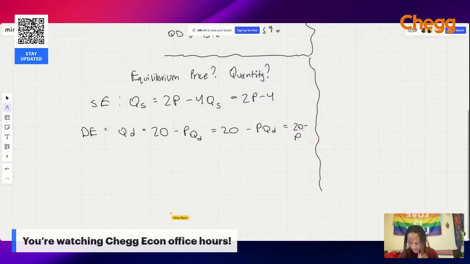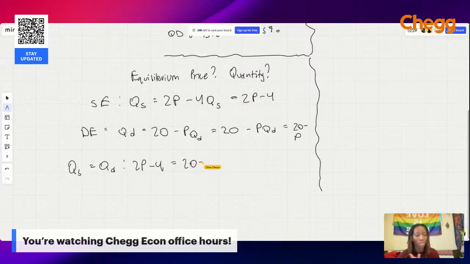Cool. Okay, so at equilibrium, we already know that the quantity supplied equals the quantity demanded. 2P minus 4 equals 20 minus P. Now I have to solve for P. Let me write that down for you guys. QS equals QD, which is just 2P minus 4 equals 20 minus P. Solve for P. Can you guys see that?